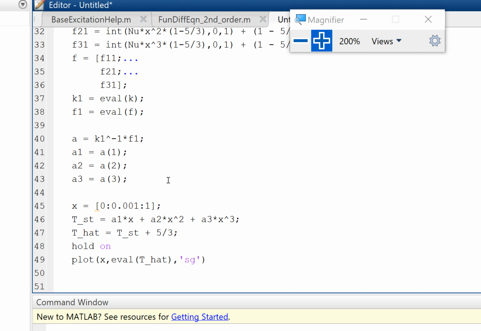Let's see. Where is everybody? Doesn't work with the eval. You need dots? Do I have dots? Oh, that's why.